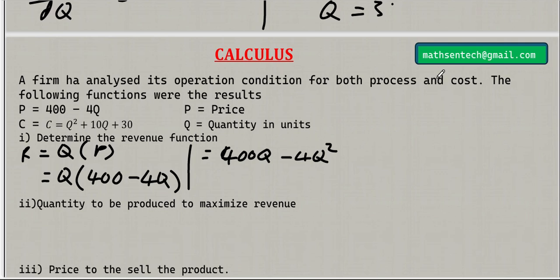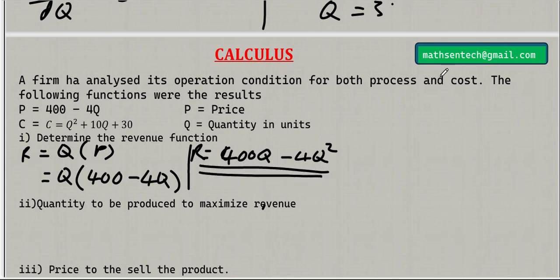Now what is the quantity to be produced to maximize revenue? So remember, this is our revenue function. You're told what Q should be produced to maximize the revenue. So what do you do? Again, the same drill. You're supposed to differentiate R, because we are maximizing revenue, and we already have the revenue function.